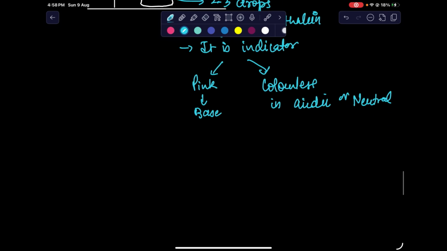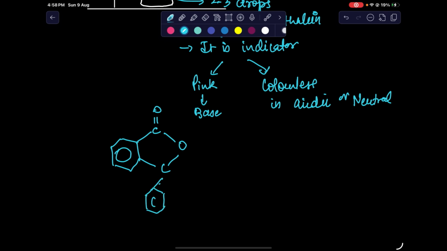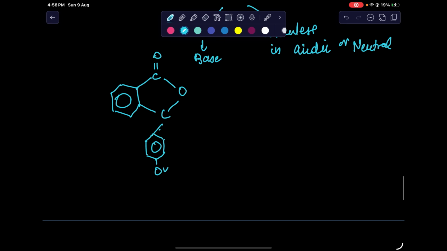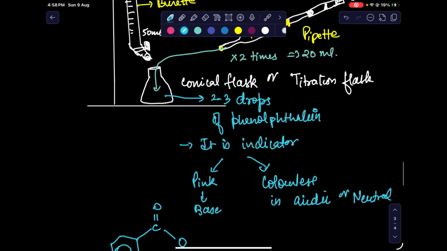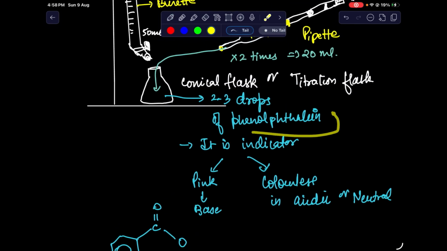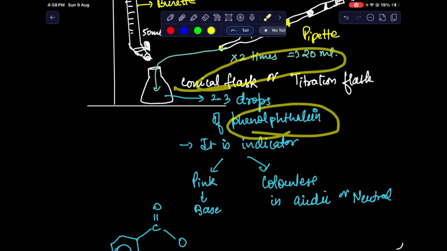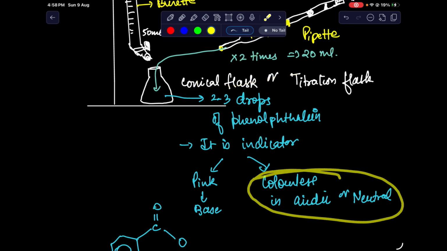Its formula is this. This is phenolphthalein. So initially you have added phenolphthalein to oxalic acid, so the medium is acidic, and that is why it will be colorless.